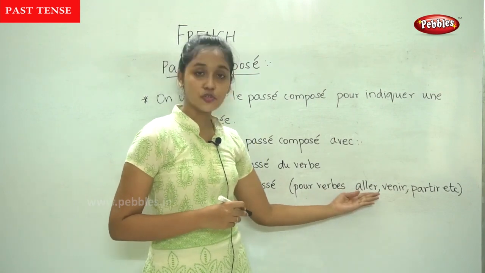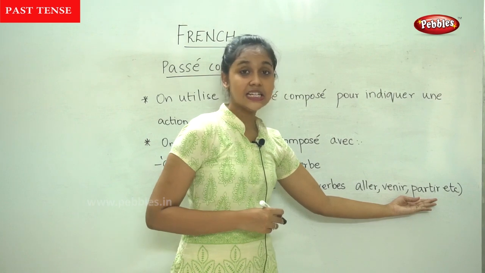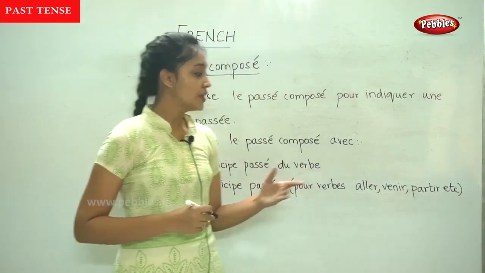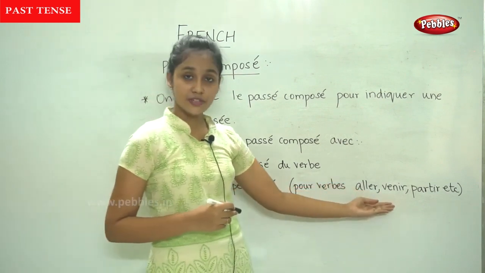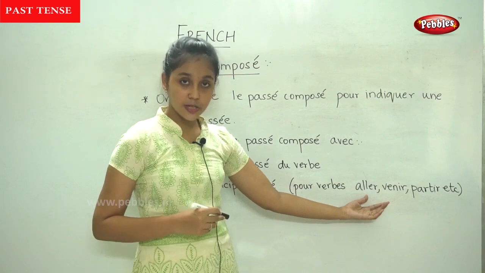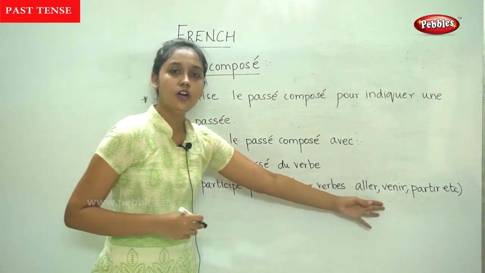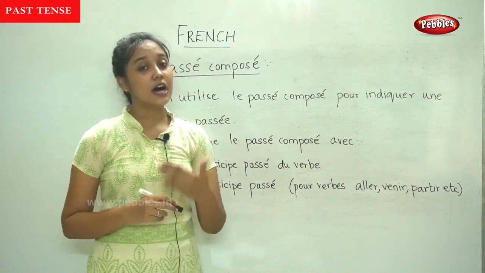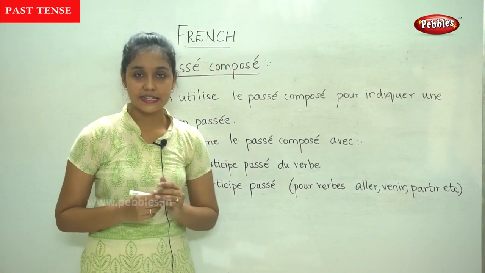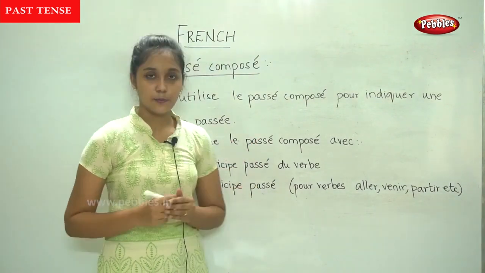Aller is to go, venir is to come, partir is to leave. So if we need to make the passé composé of these verbs of motion, we use être plus the past participle of these verbs. For other verbs, it is avoir plus past participle. So now you know the rules for passé composé.